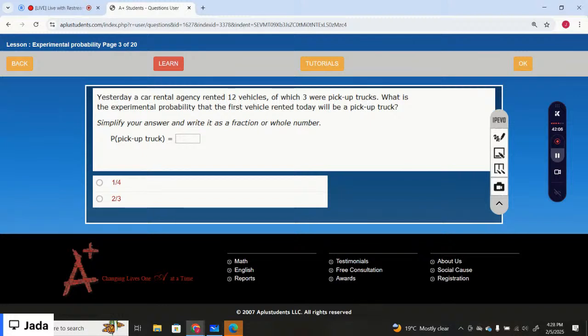Yesterday, a car rental agency rented 12 vehicles, of which 3 were pickup trucks. What is the experimental probability that the first vehicle rented today will be a pickup truck?